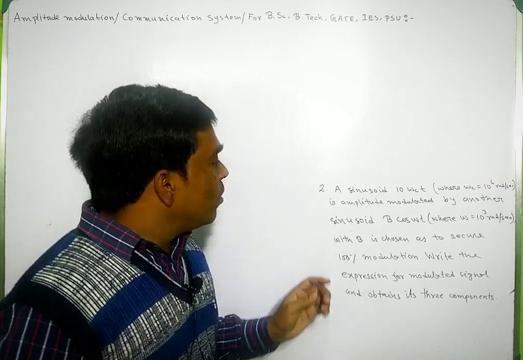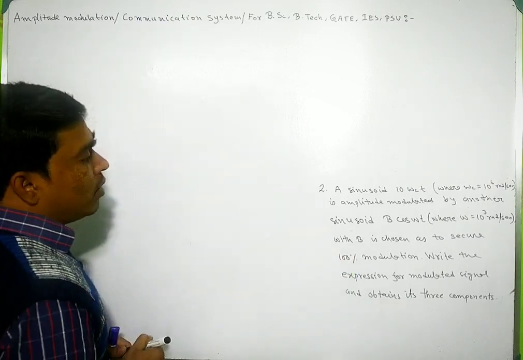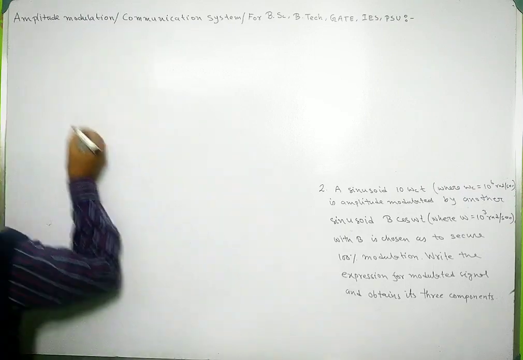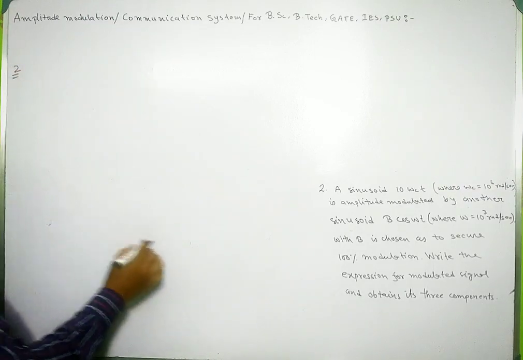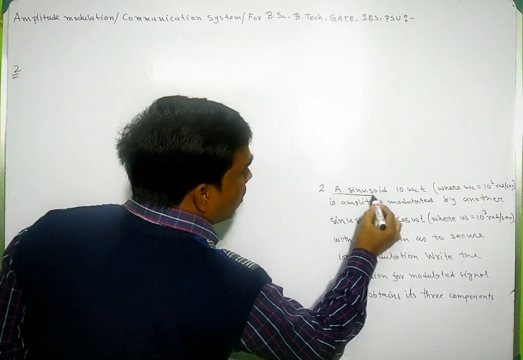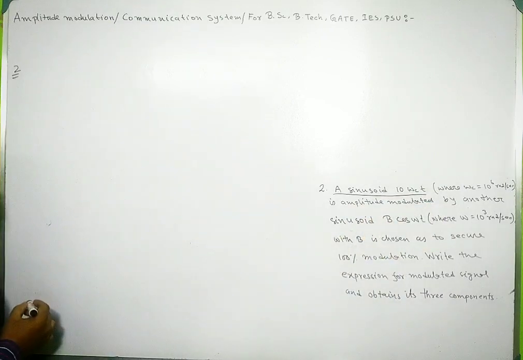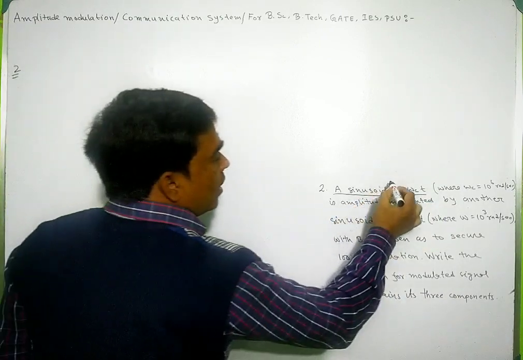Okay. So what is the given term in this problem? The given term of this problem is a sinusoid 10 cos omega ct, that means it is a carrier wave.